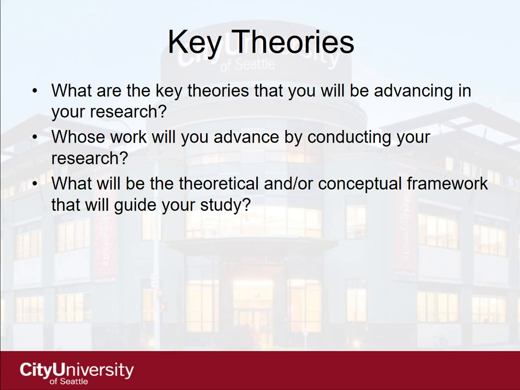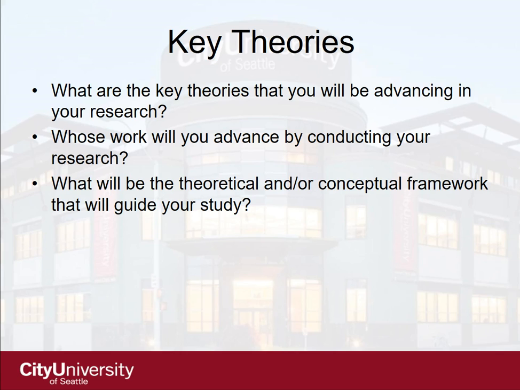What are the key theories that you will be advancing in your research? Maybe it's a theory of leadership. Maybe you're helping advance some of the work in transformational leadership, and Kouzes and Posner are going to go there. Whose work will you advance by conducting your own research? By doing this research, are you contributing to this theory of leadership? Are you contributing to that theory of business, for example?